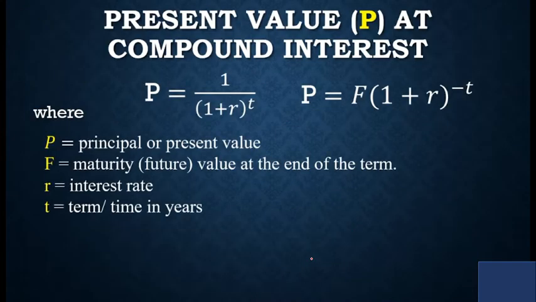So next, to get the present value or the P at compound interest, P equals F times 1 over (1 plus R) to the power of T, then P equals F(1 plus R) to the power of negative T. So where P is the principal or the present value, F the maturity or the future value at the end of term, R the interest rate, T is the term of time in years.